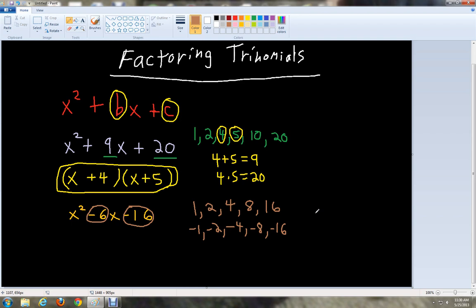So we know that if we're going to have a negative number, positive times negative is negative, so one of the numbers has to be negative and the other number has to be positive. So we can look at different pairs. We know that 8 times 2 is 16.